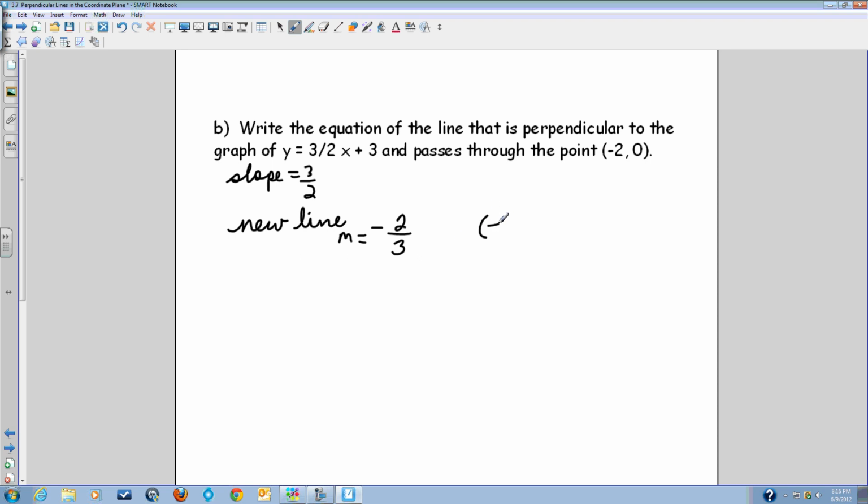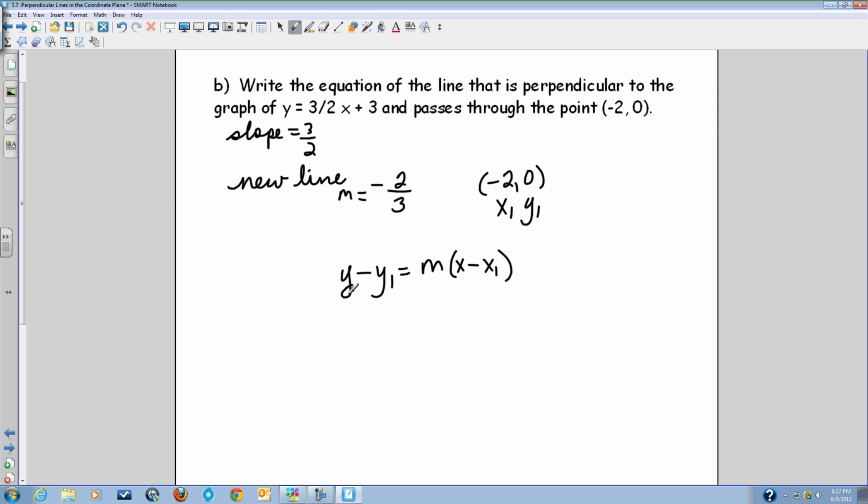We know that it passes through the point (-2, 0), so we'll label that x1, y1. And now we'll use the point-slope form to find the equation of our new line. That's y minus y1 equals m times x minus x1. Plugging our numbers in, we have y minus 0 equals -2/3 times x minus -2.